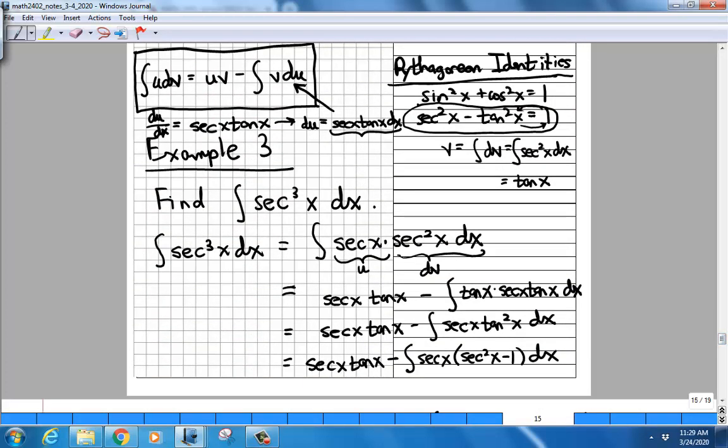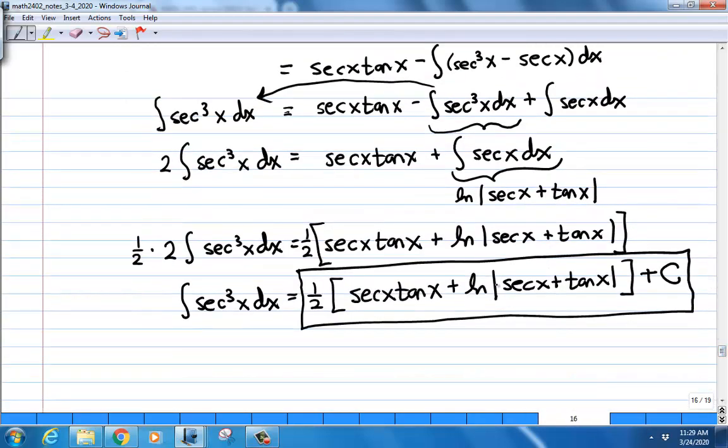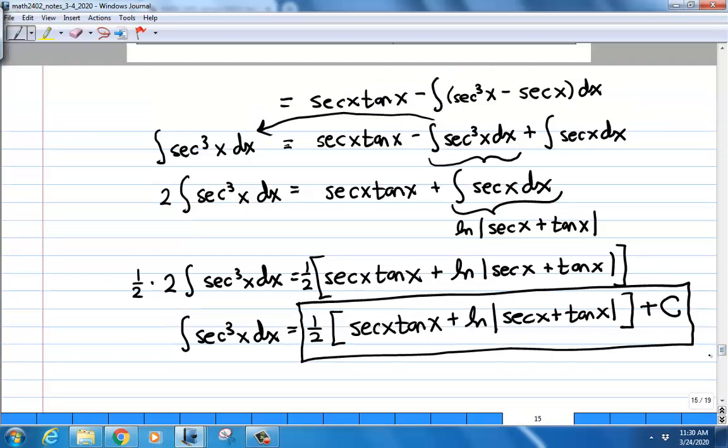So I think you'll agree that's a pretty advanced example. We came out with a really complicated antiderivative here. This is a really grown-up integration problem, really an advanced Calculus 2 integration problem.